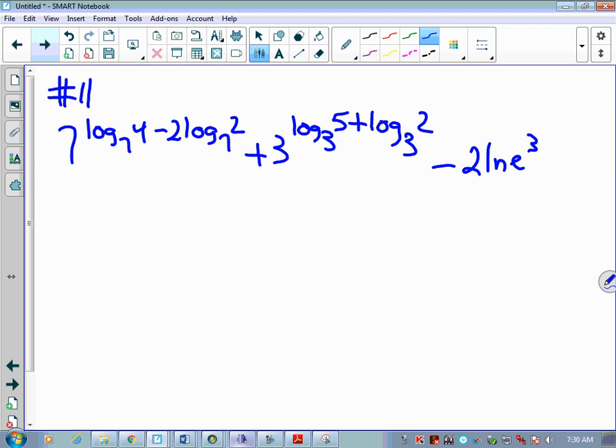All right. First thing that I would do is move this 2 up here. Essentially what we're saying is that this becomes log base 7 of 4 divided by 4, and because it's all log base 7, the logs drop off. This whole section becomes 1.